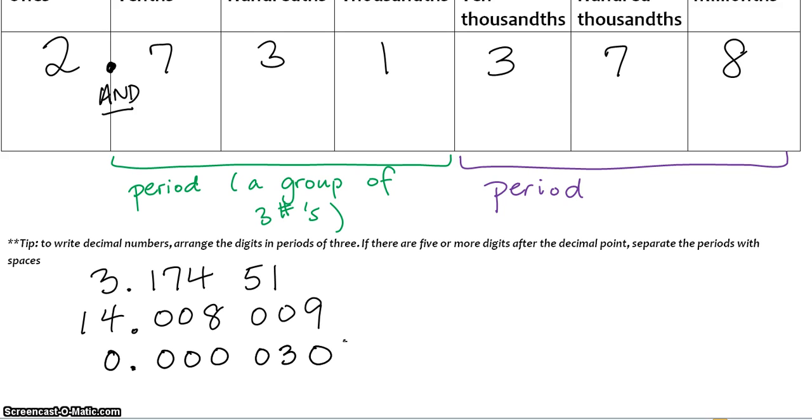Okay, there's actually 2 ways you can say this decimal number. So try to think of at least one way to yourself how you would say it. So there's 2 ways to say this, and I'm actually going to jot this down beside it here. You could say it as 3 hundred thousandths.